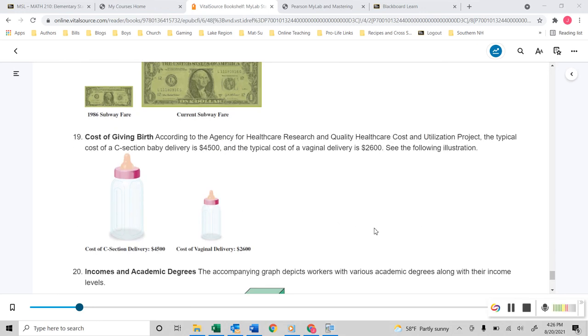Okay, this one here is the cost of giving birth, a C-section versus a vaginal delivery. The issue here is they're using 3D images. These are two-dimensional values. You never want to use 3D. Now, everyone loves pictograms. They're so cool. Yes, but they're incredibly deceptive.